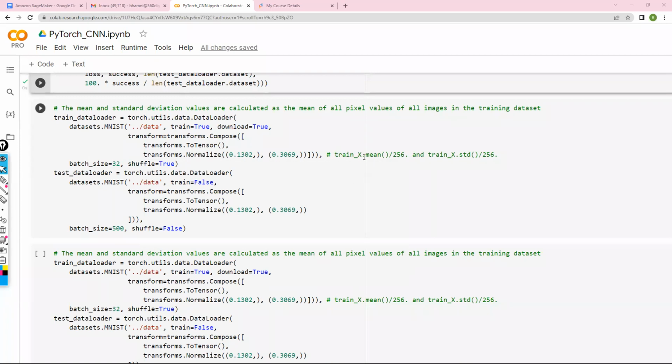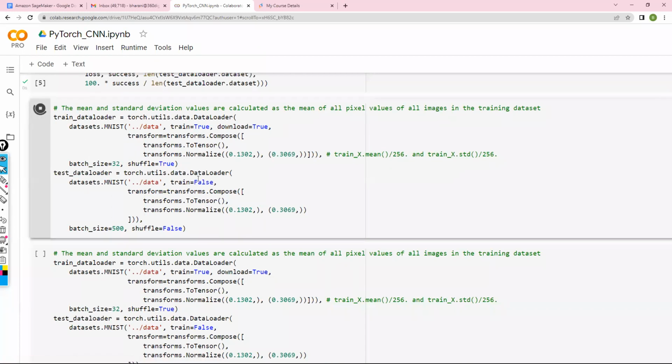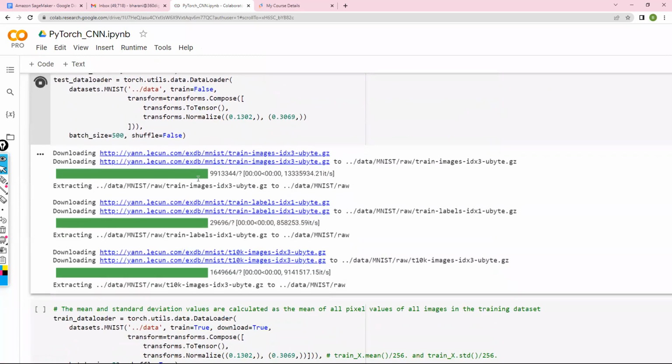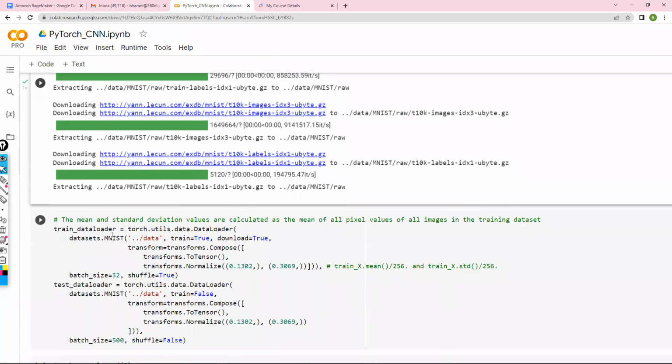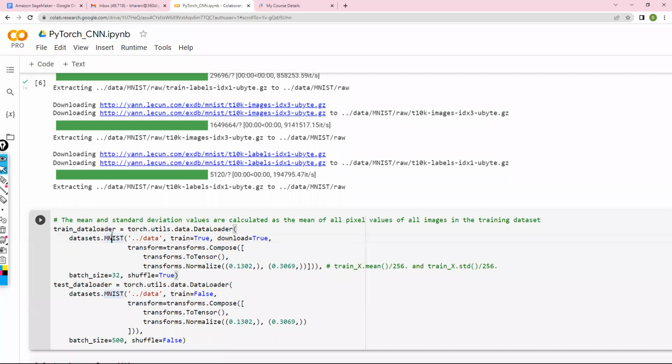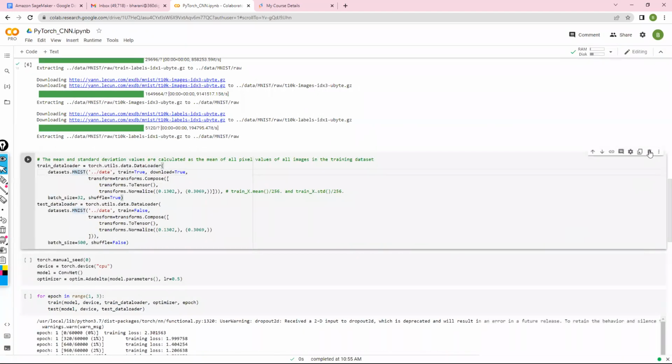If you take the average of each value of the training data set and divide by 256, you get this much. If you take the standard deviation of the entire training data set and divide by 256, you get this. And that's how you're normalizing the data. This is, I think, the same line of code again. If I'm not mistaken, let me remove this.